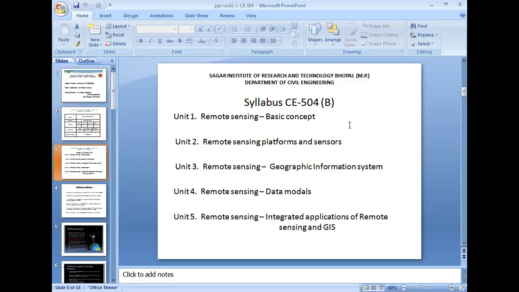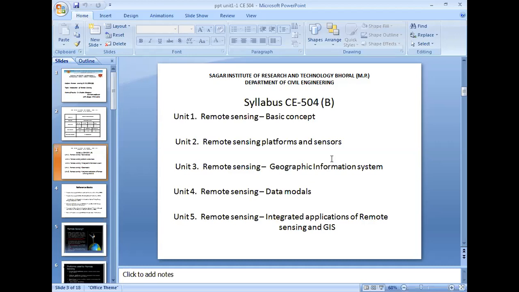So in the first unit, we will discuss the basic concepts. Then the second one is the platforms and the different types of sensors. And the third unit is Geographic Information System, GIS. In GIS, you have already learned the different basic concepts, and now in fifth semester you have to learn it in depth.